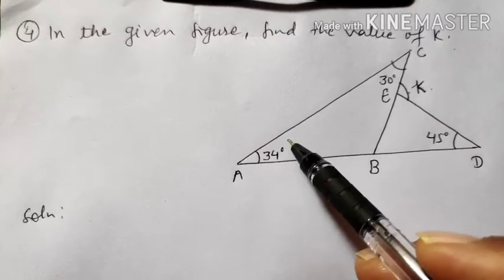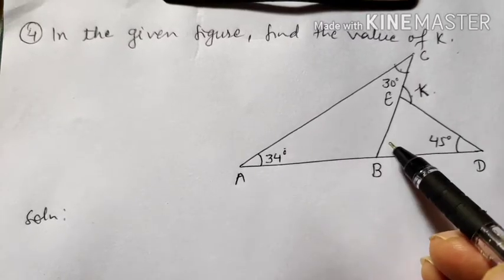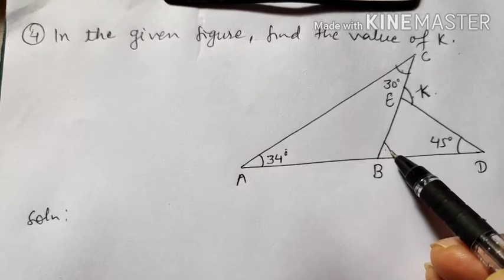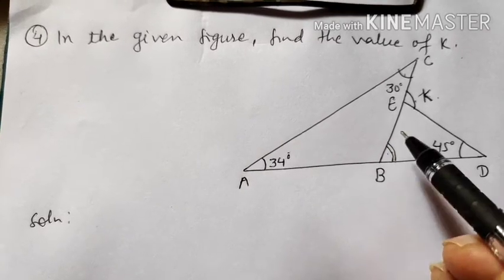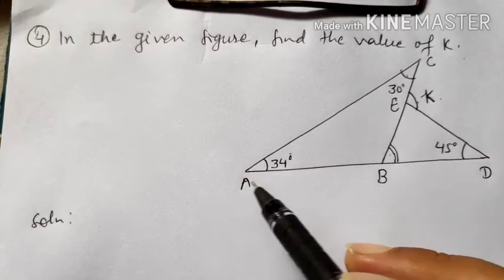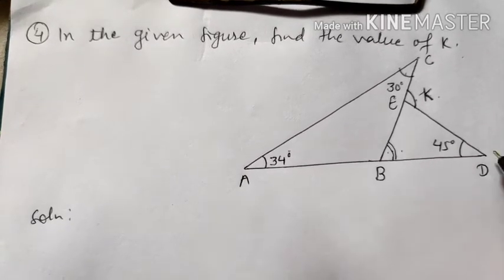Angle A and angle C are interior opposite angles of the exterior angle B. So angle B is the exterior angle of the triangle ABC. This exterior angle B, that is angle CBD.